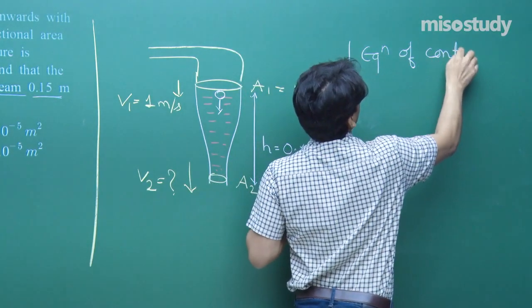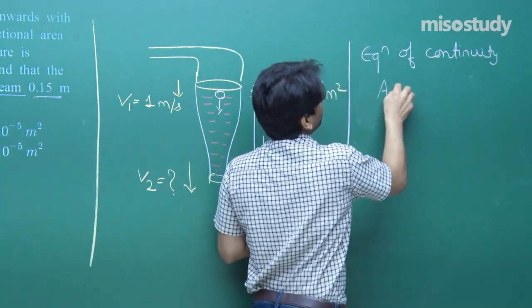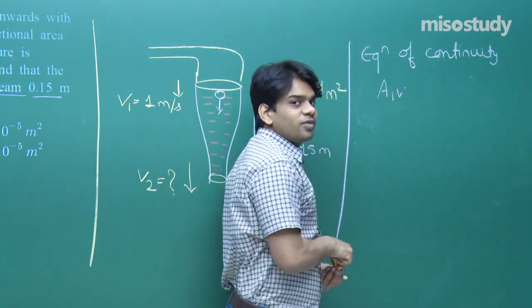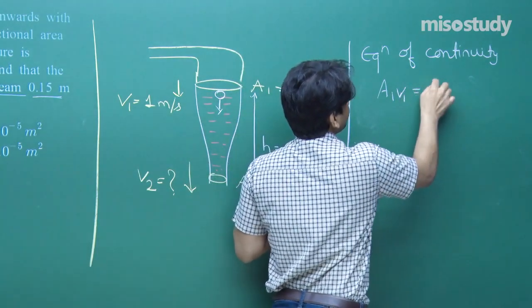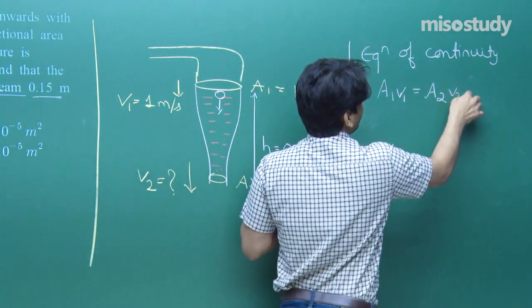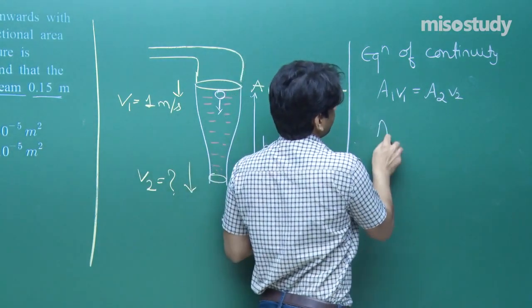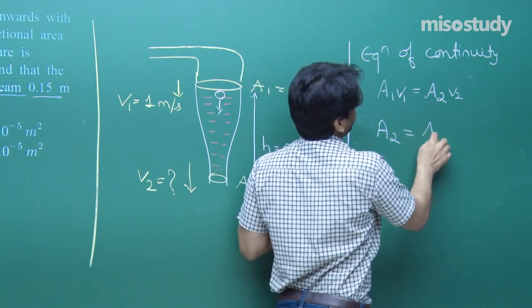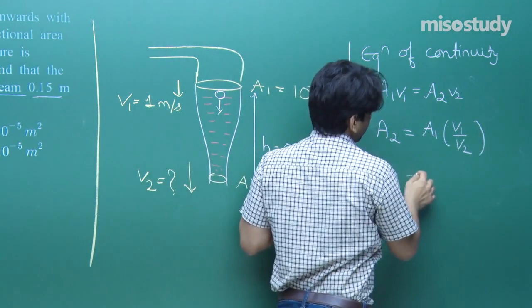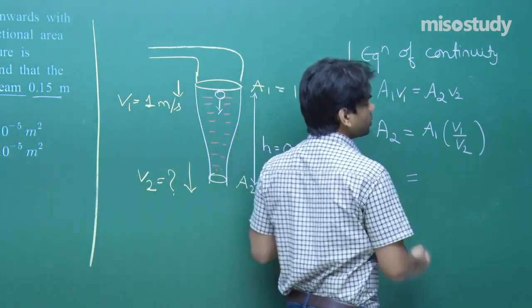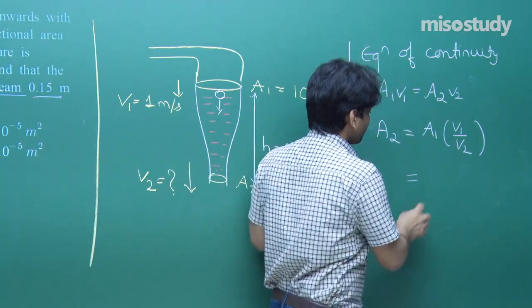We can write A1 V1 is equal to A2 V2. From here, we need to find the value of A2. A2 is equal to A1 V1 by V2. A1 we know is provided to us, and A1 is 10 to the power minus 4 square meter.